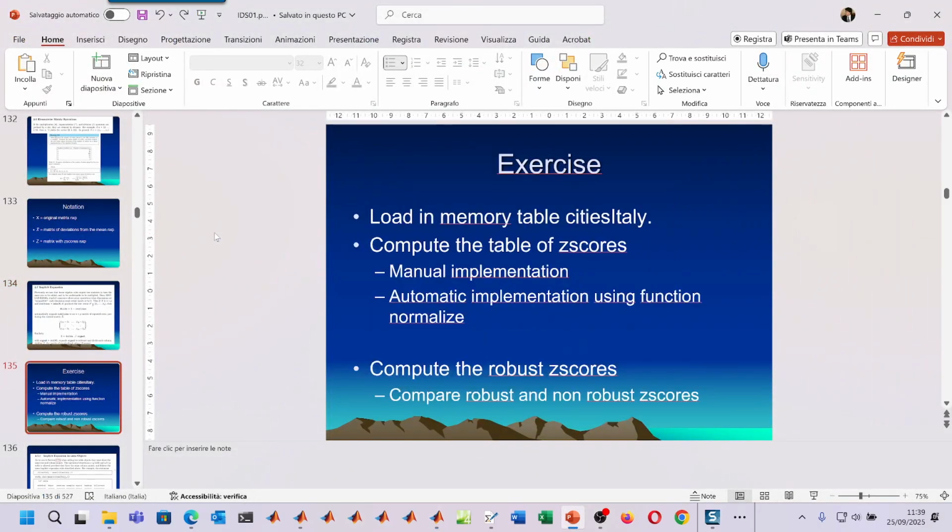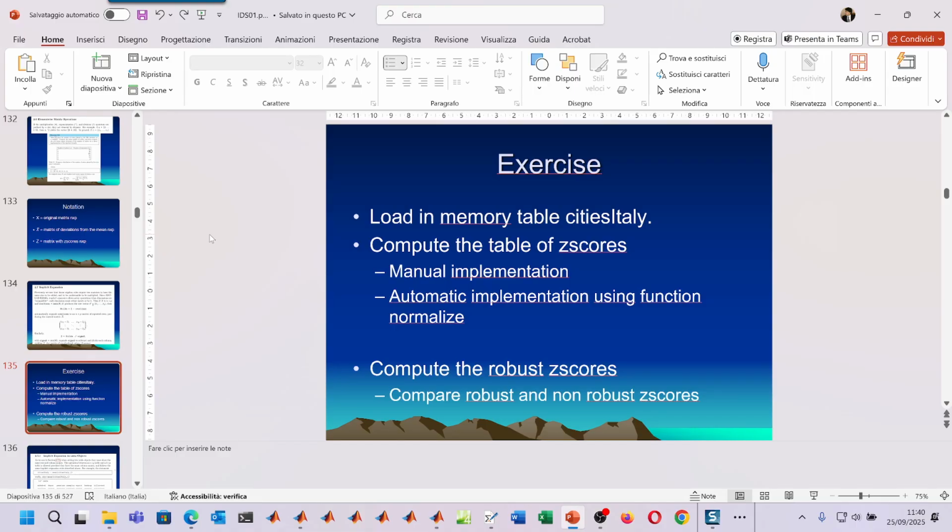Okay, now, these are the z-scores. So you remove the mean and then you divide by the standard deviations. It is clear that if there are outlying observations, computing the means is always a bad idea.